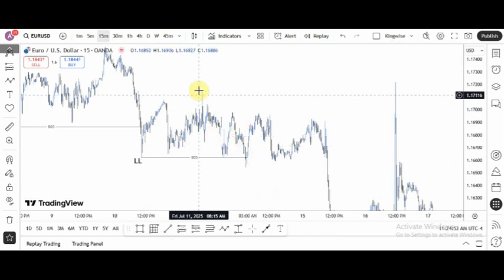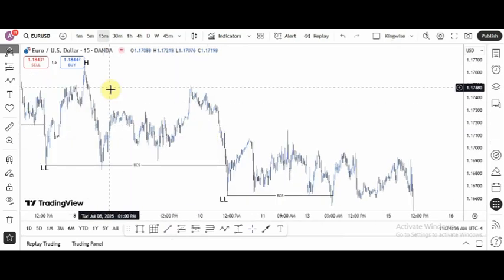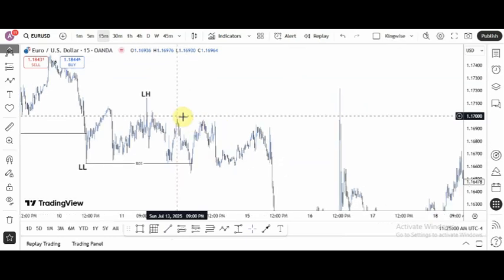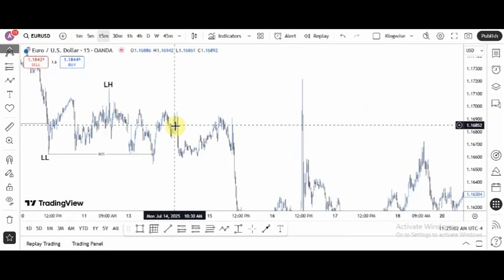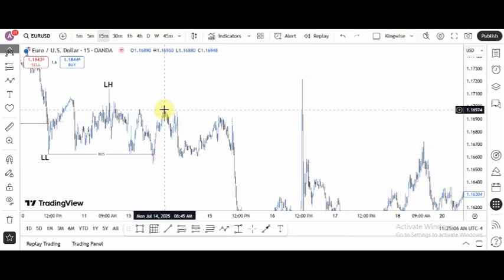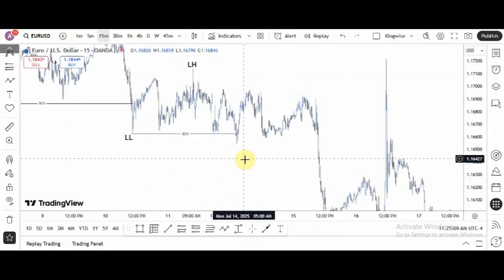The highest point price got to becomes our what? Our lower high. And then what happened? Price broke structure and formed this lower low again.